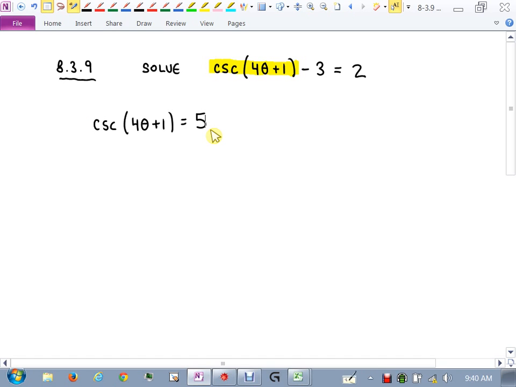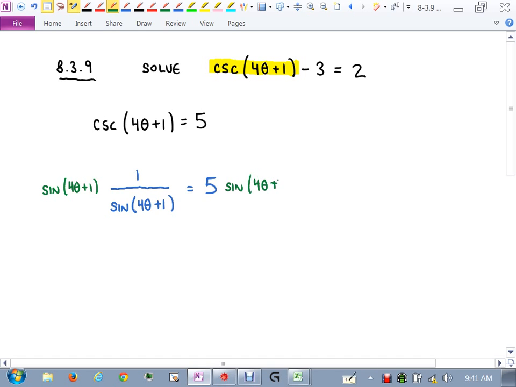First thing I'm going to do is I'm going to rewrite the equation. Let me see if you agree with this. Do you agree that this is true? That's the same thing? That's the definition of cosecant, right? Now what I'm going to do is I'm going to multiply both sides of the equation by that sine of 4 theta plus 1.